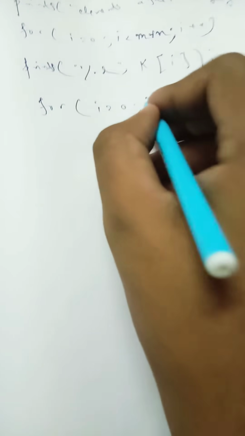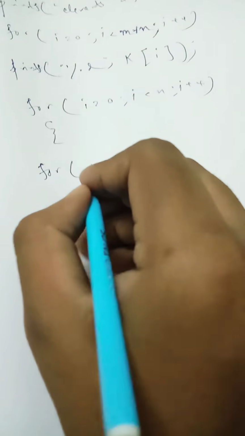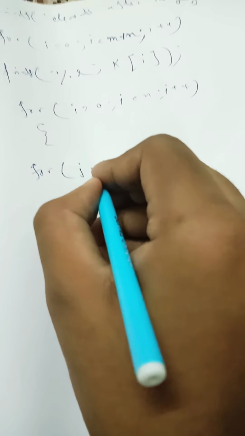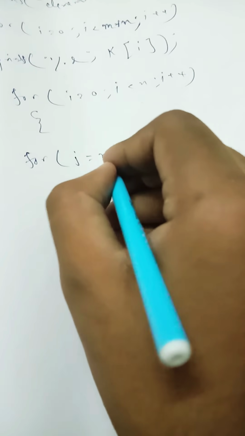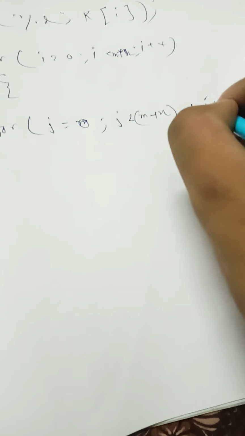For i from 0 to n iterations, suppose j is a variable from 0 to j less than m plus n minus 1 minus i.